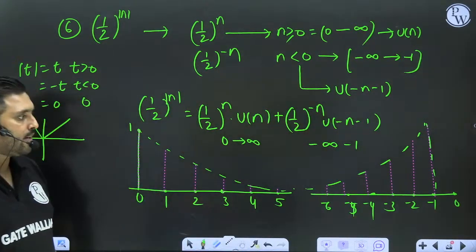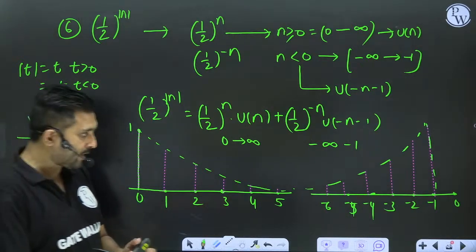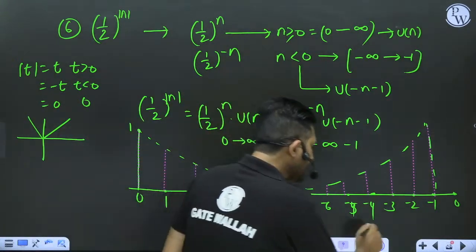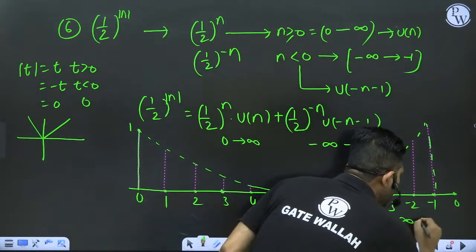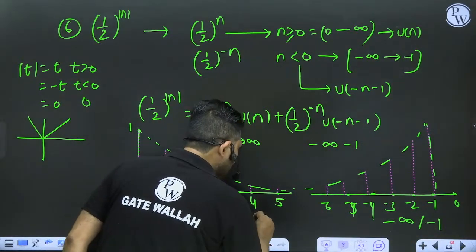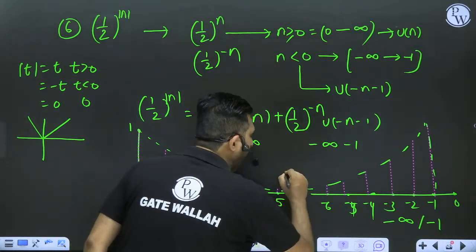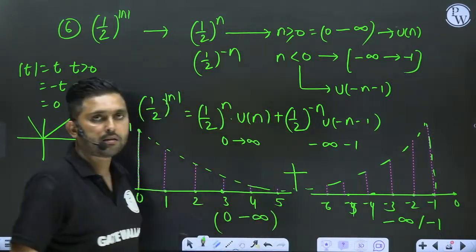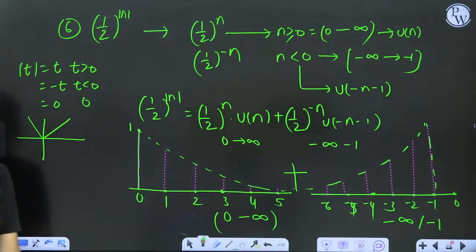So basically, look at the limit, please. The limit is from minus infinity to -1. What is the limit here? 0 to infinity. So there should be no overlapping. And when you add both these functions, what will you get?